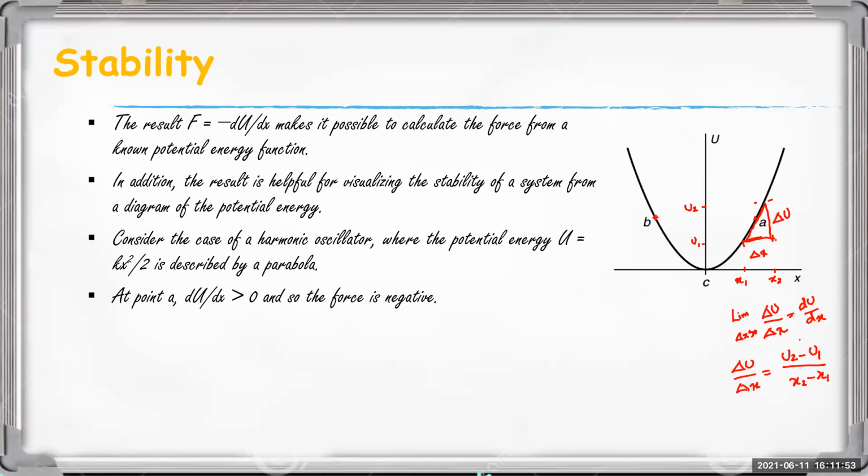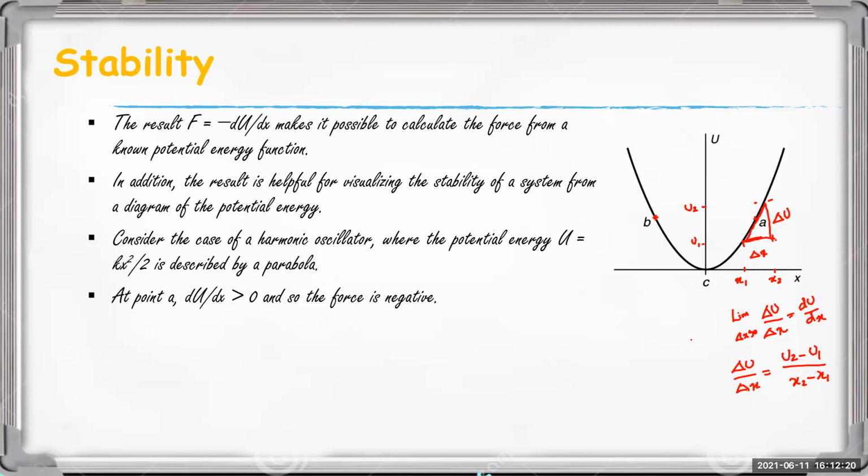When we calculate these quantities, this is the higher point, this is the lower point, and this is the higher one, this is the lower one, then we will get it is greater than 0. Then at point A, du by dx is greater than 0. If du by dx is greater than 0, then the force is negative.